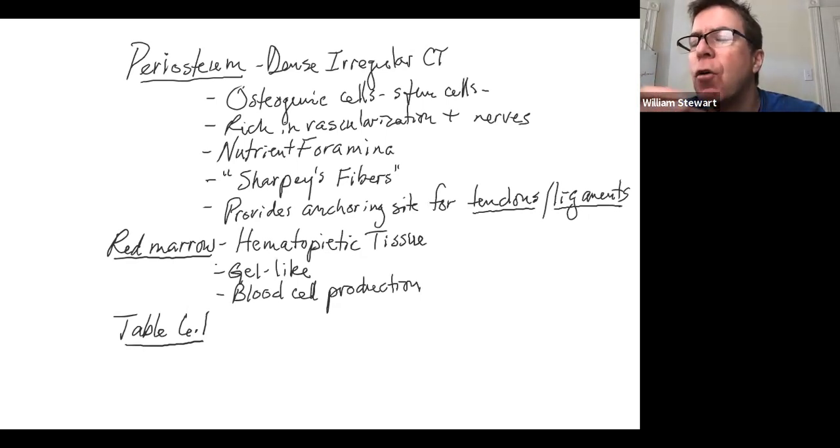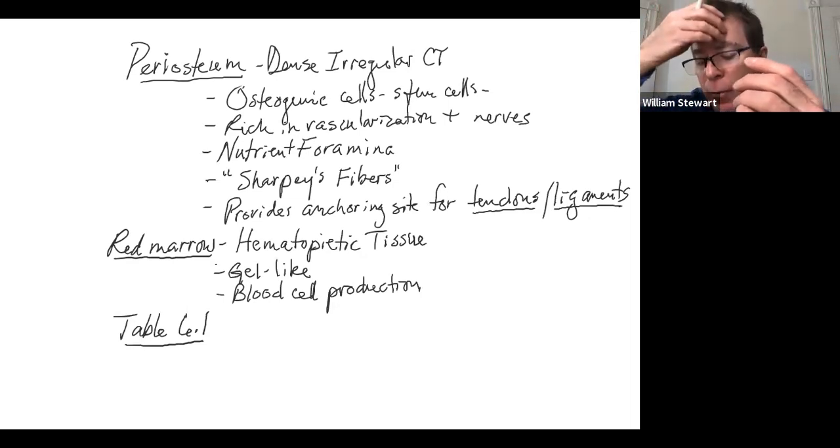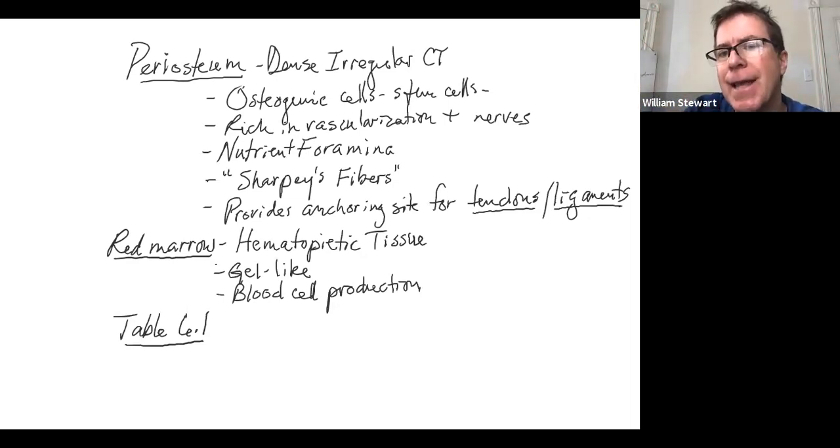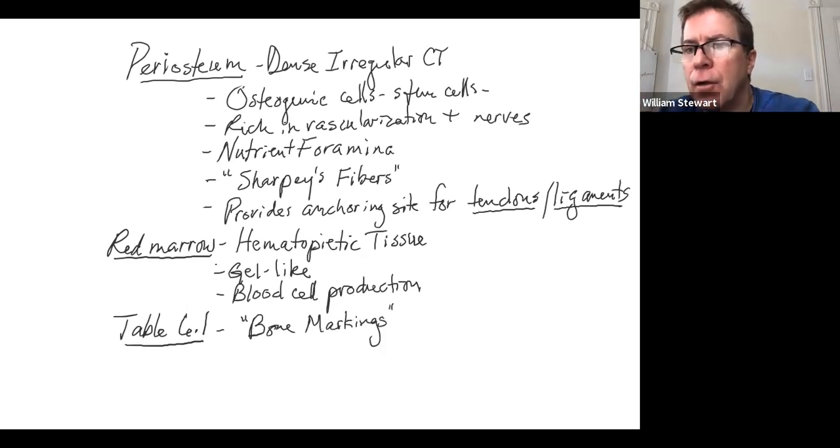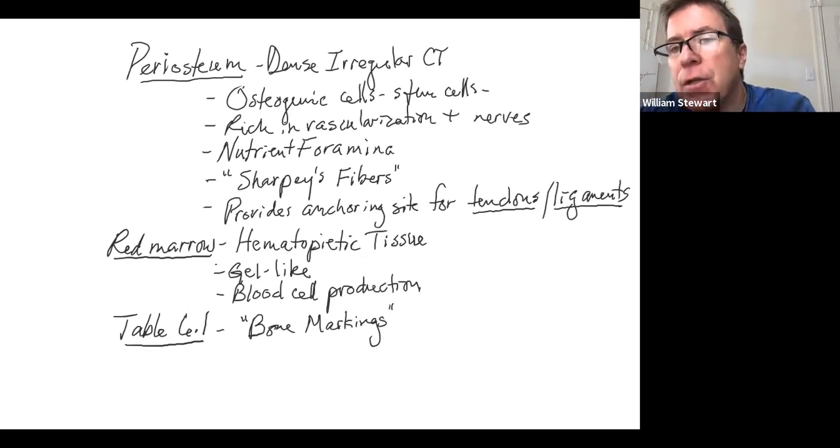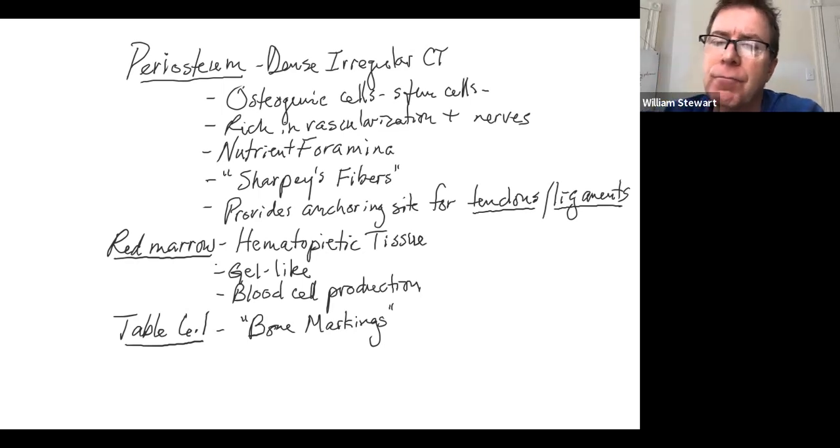I'll use the language all the time in the next unit when we study actual bones. It is a table identifying bone markings. So I would get to know that table while we do this unit, and specifically use it a lot when we do the next unit. I think that's chapter 7 and 8.